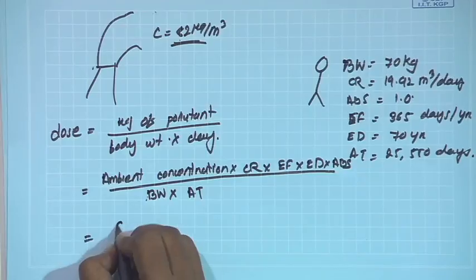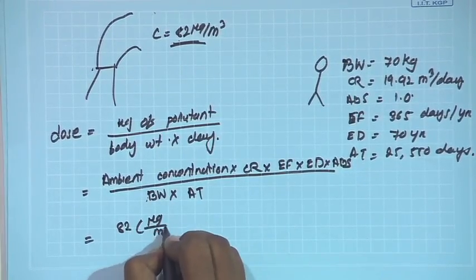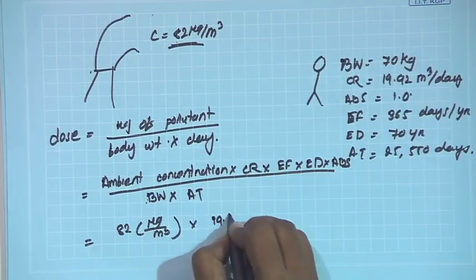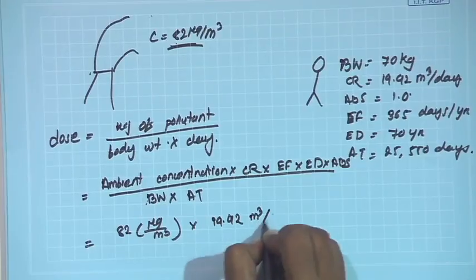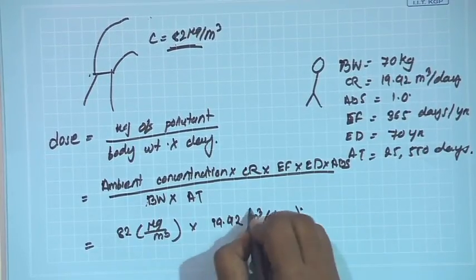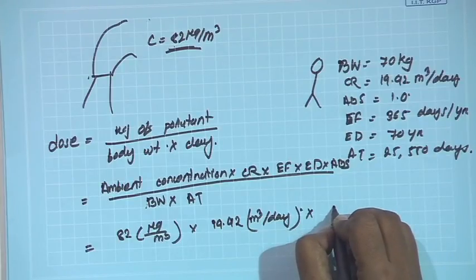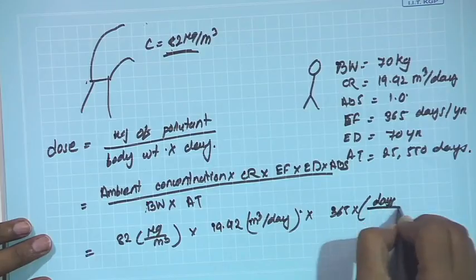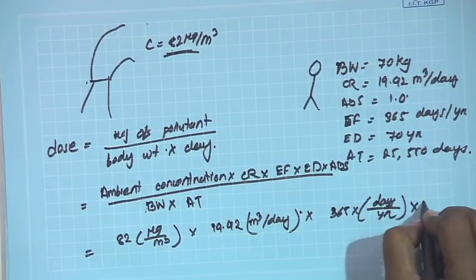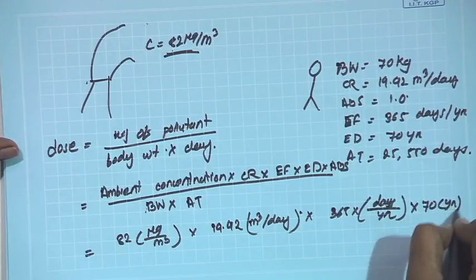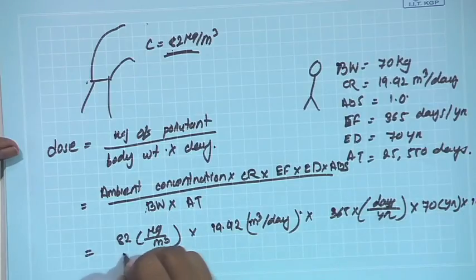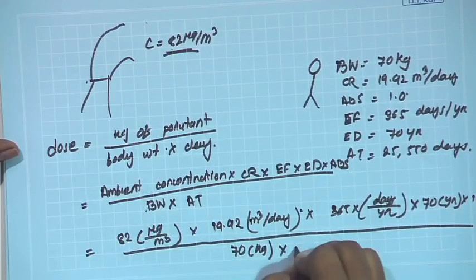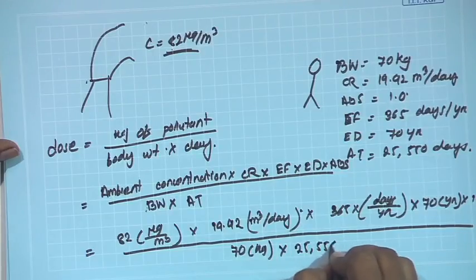Ambient concentration is 82 microgram per meter cube, and breathing rate is 19.92 meter cube per day, multiplied by exposure frequency, that is 365 days per year, multiplied by exposure duration, that is 70 year, multiplied by absorption, that is 1.0, divided by body weight, 70 kg, multiplied by average time, that is 25,550 days.